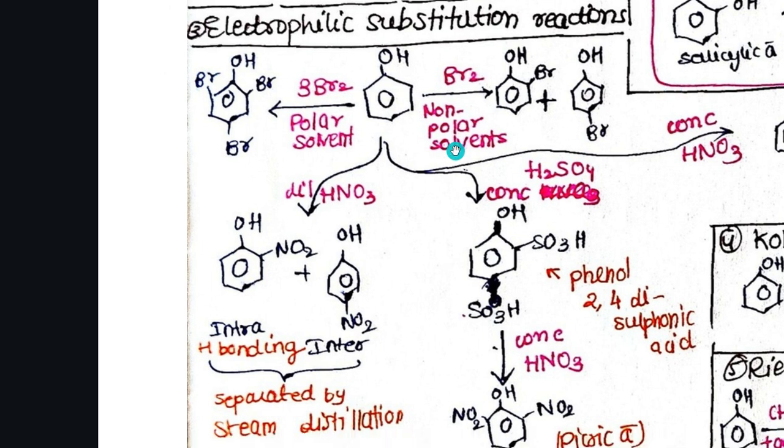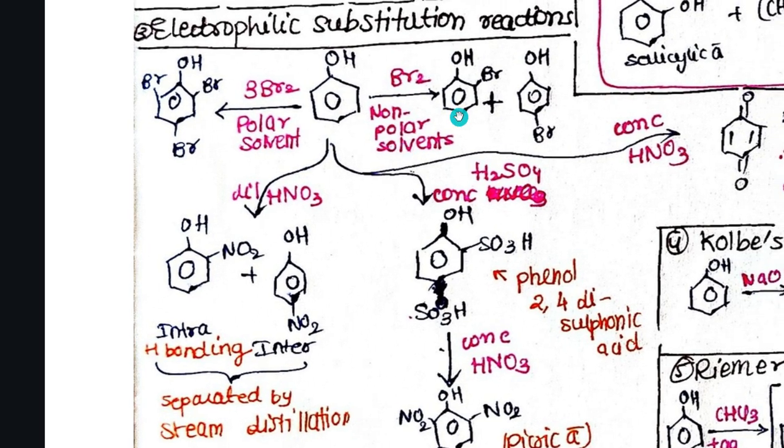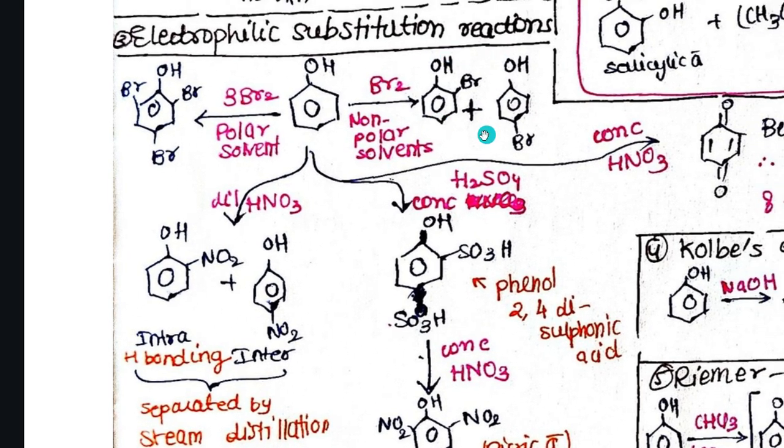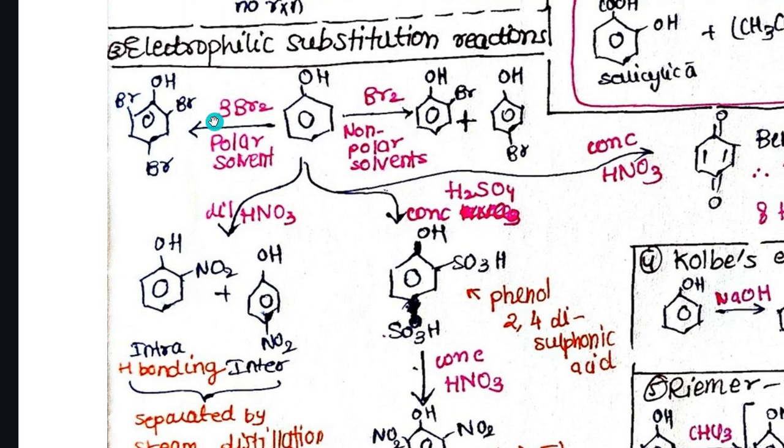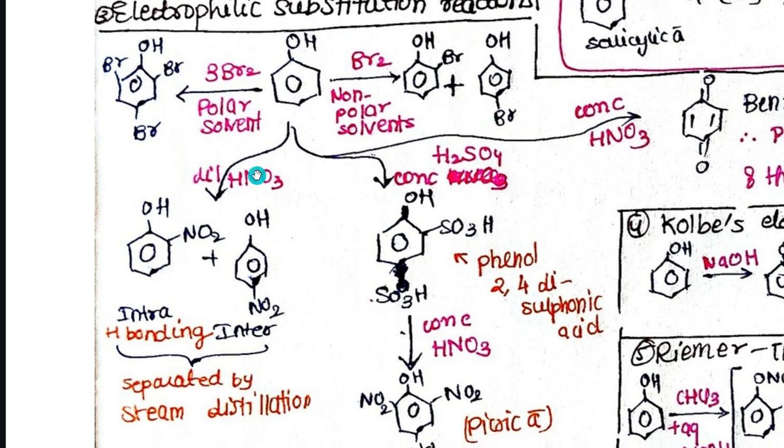Yeah. Then further coming to electrophilic substitution reactions, right? This phenol on reaction with 3Br2 in a polar solvent, or bromine water, we will get 2,4,6-tribromophenol. And Br2 in non-polar solvents, we will get orthobromophenol and parabromophenol. And next, coming to dilute HNO3, what will happen?